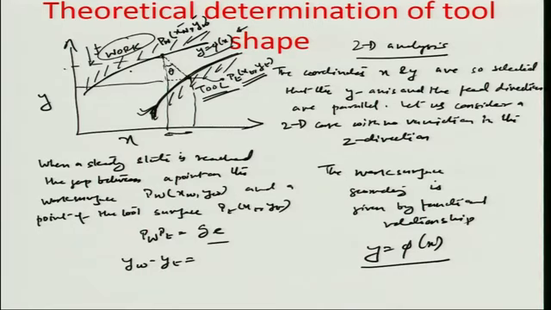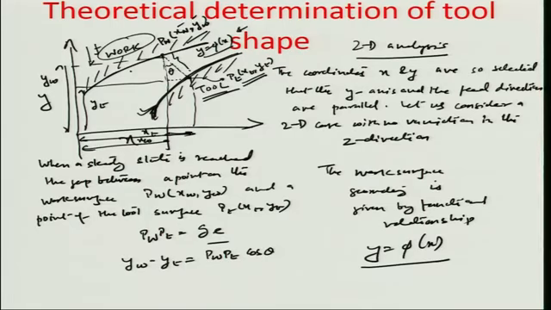yw, yt, similarly xw or xt. So this is xt, this is xw, okay. So yw minus yt is given by the PW PT distance times cosine of theta, okay. This is the PW PT distance.